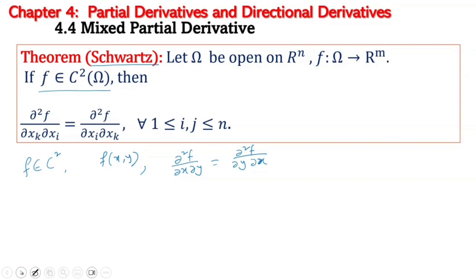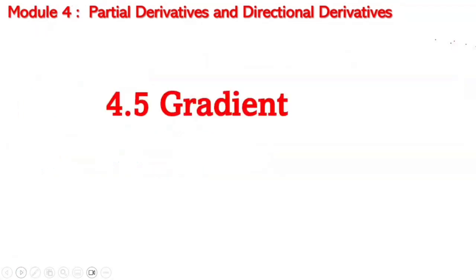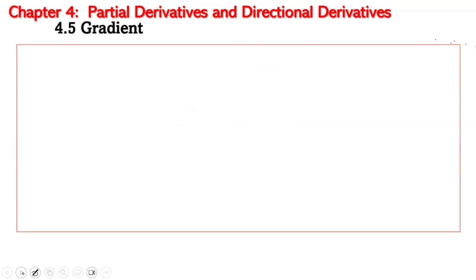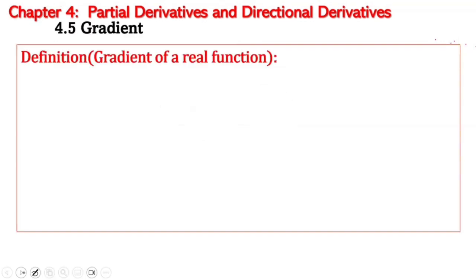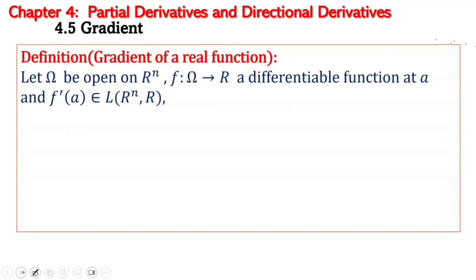Okay, so now we'll come to the next topic. Theoretically this is the last topic, 4.5, which is the gradient of a function. So we'll again start with the definition. Gradient of a real function: let Omega be open in Rn, f is from Omega to R, a differentiable function.